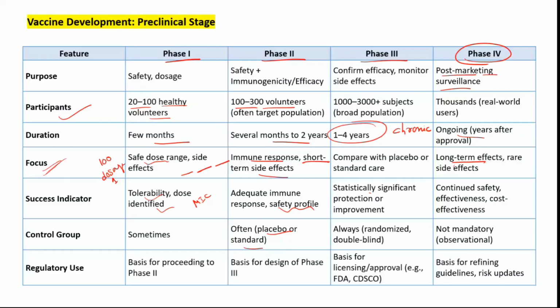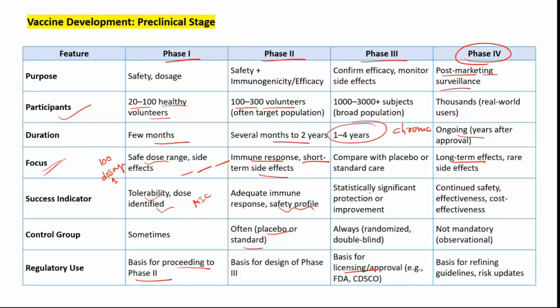So these are the things which are associated with phase 1, phase 2, phase 3. Phase 1 is the basis for proceeding to phase 2, because obviously if phase 1 is satisfied, then you can go for phase 2. If phase 2 is satisfactory, you can go for phase 3. And I told you after phase 3 you have to go through the FDA and approval regulation. So in phase 4, it is already released into the market.